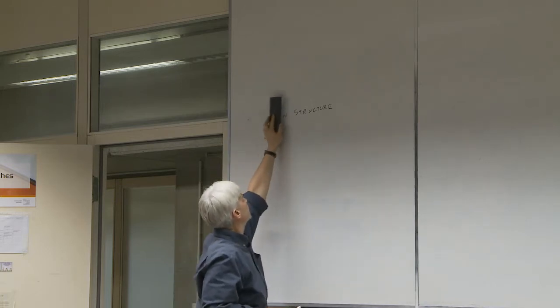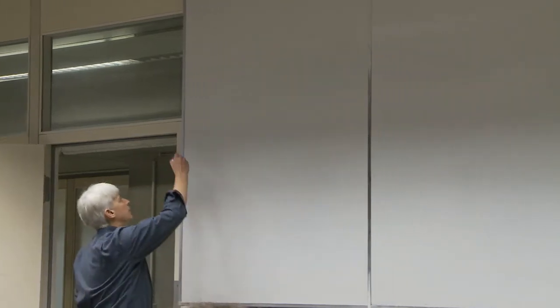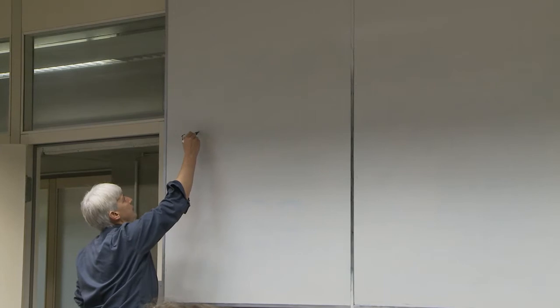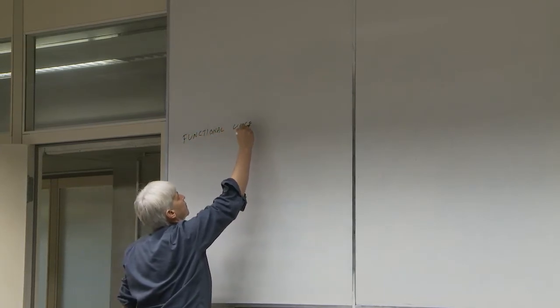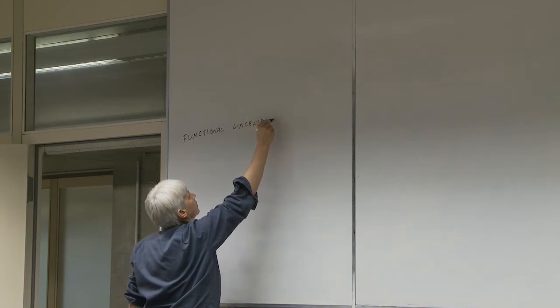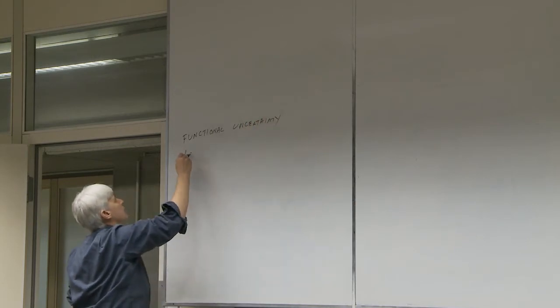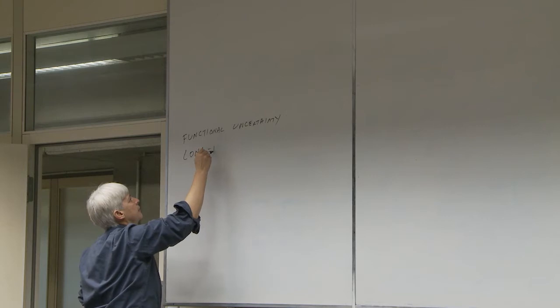Okay, so information structure. The last few times we did functional uncertainty, and we looked at long-distance dependencies.